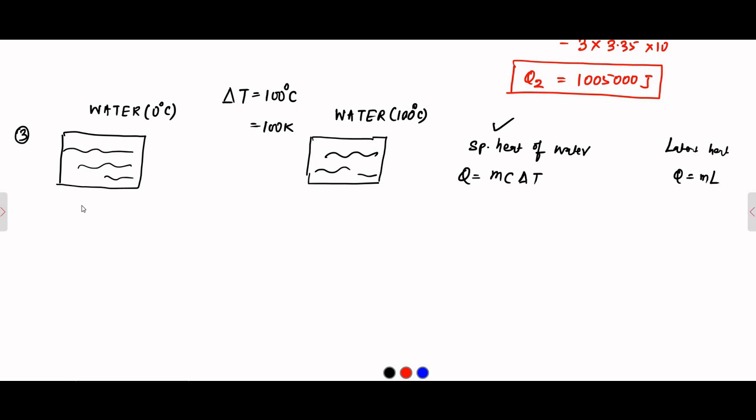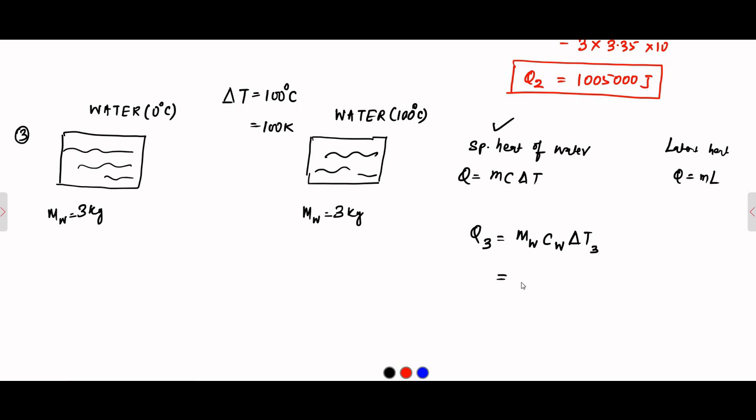Here the mass of water is 3 kg, here also it is 3 kg. So the heat required to convert water at 0 degrees Celsius to water at 100 degrees Celsius, 3 kg of water, is equal to mass of water, specific heat of water and delta T. This is the third step, that's why I'm using the subscript 3: the temperature increase during the third step.